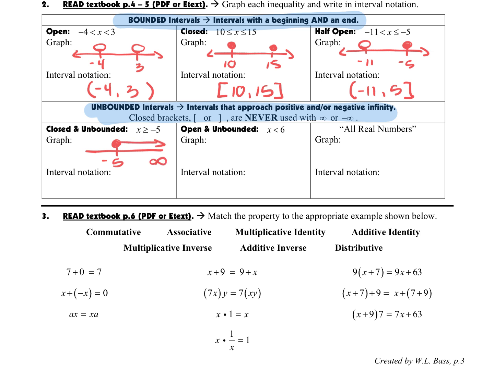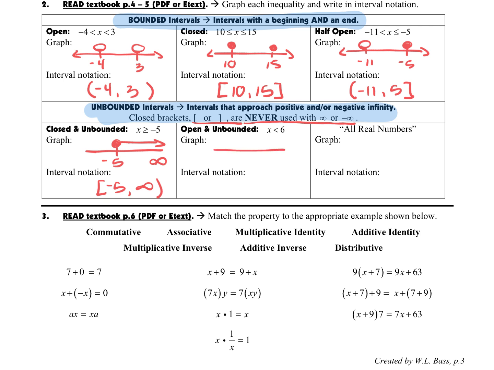Now, when I write this interval, the closed value is still a bracket. And then I go to infinity, and notice up here, we are never going to use a square bracket with our infinity. So this will always be a parenthesis.